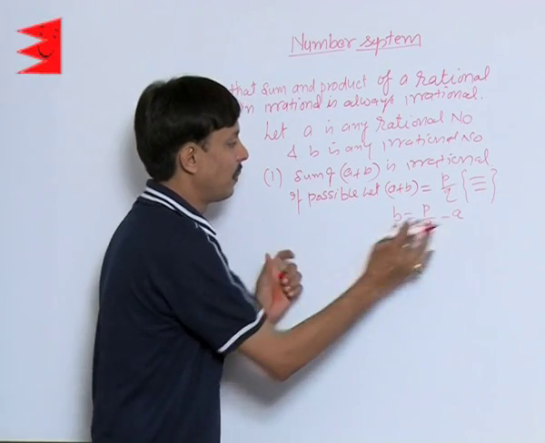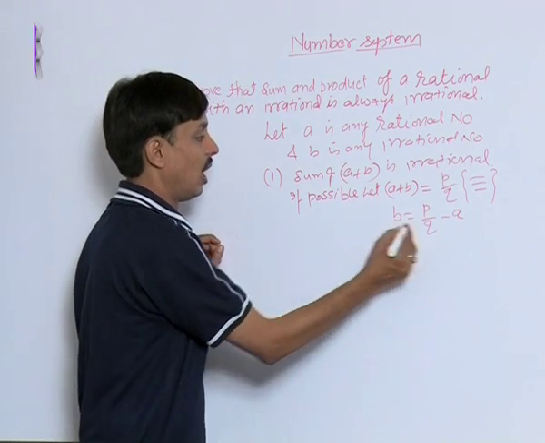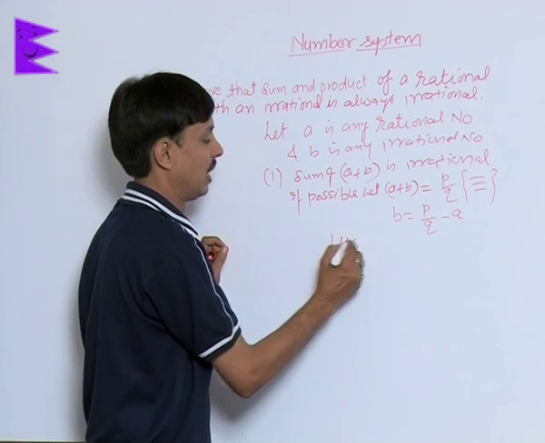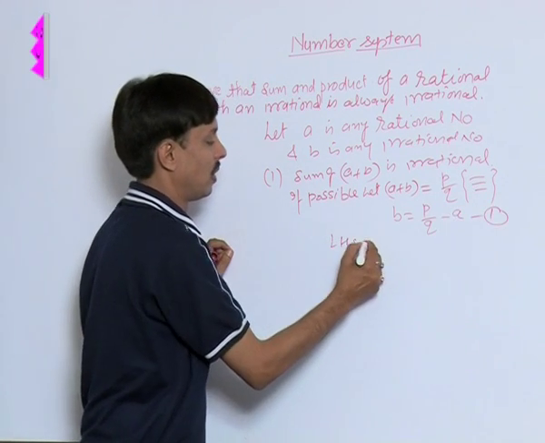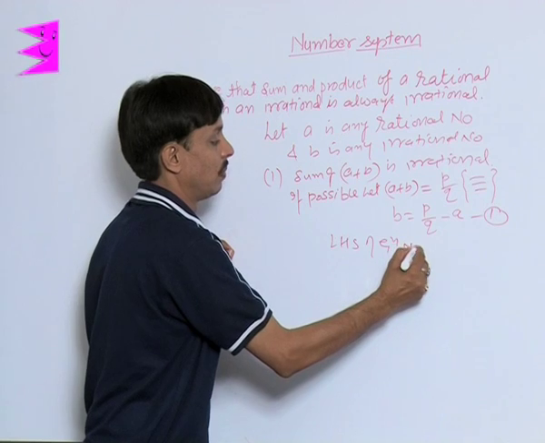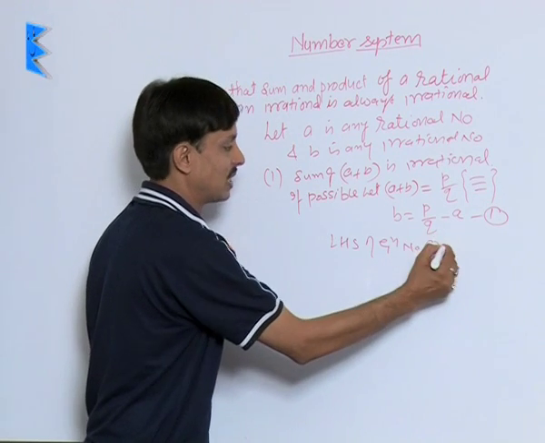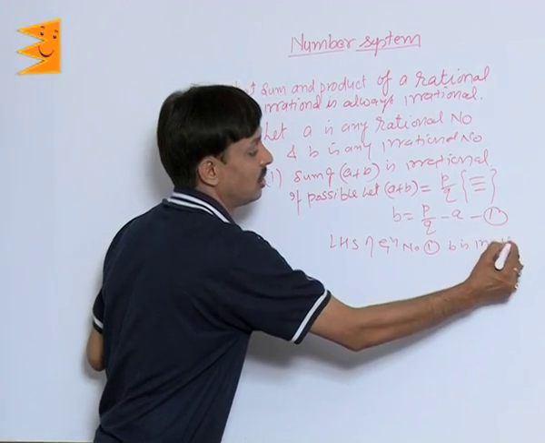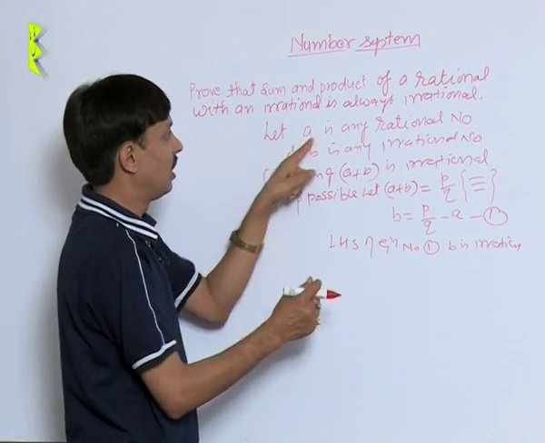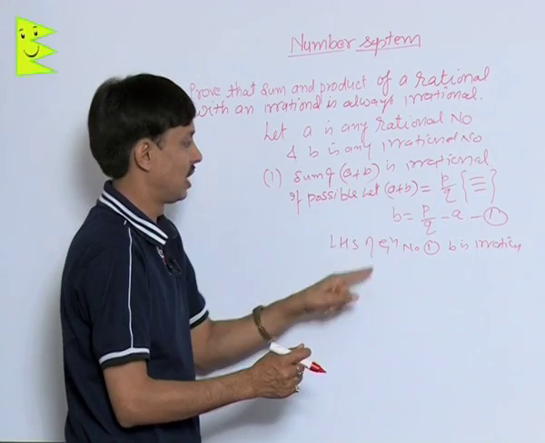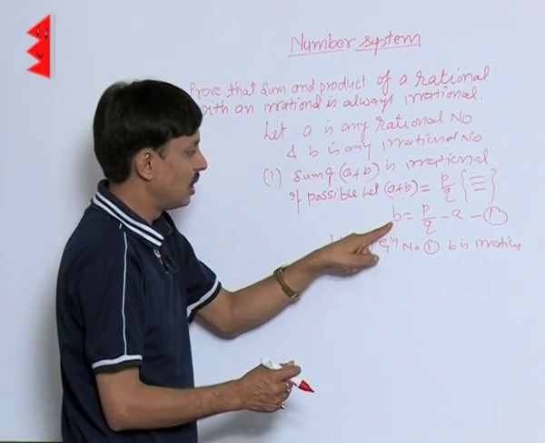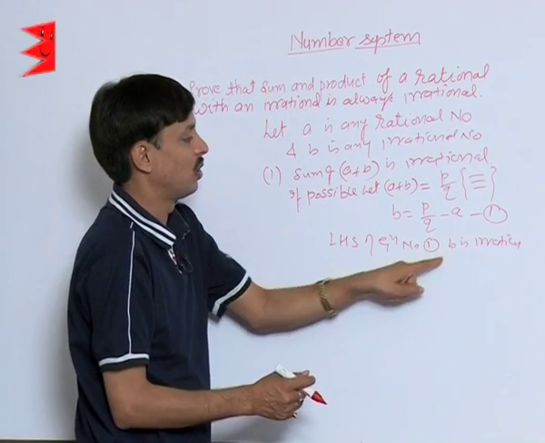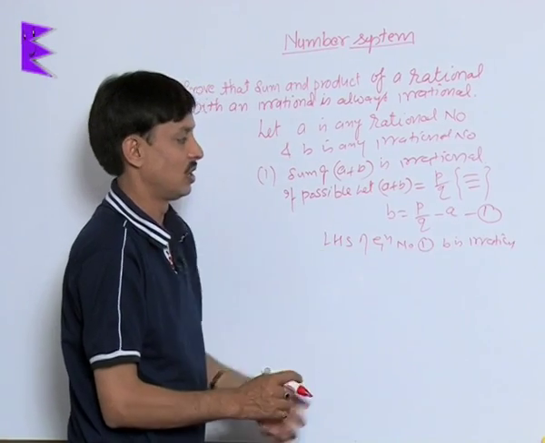You can observe from here the left hand side, LHS of equation number 1. What is the left hand side? B. B is irrational. Why is it irrational? As we have assumed A is any rational and B is any irrational. So the left hand side of equation number 1 is irrational.